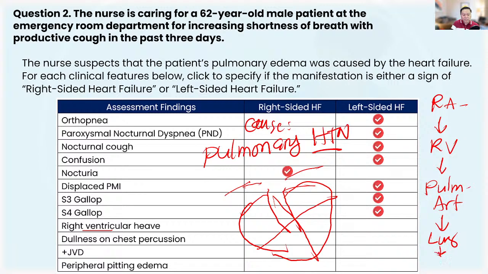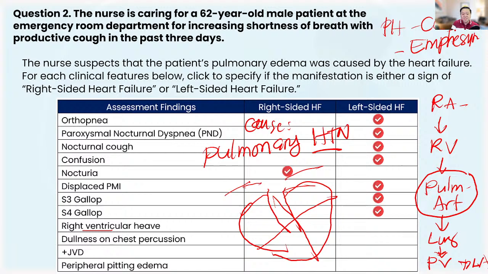It goes back to the heart via the pulmonary veins, and it will enter the left atrium. Now, the problem here is in the pulmonary artery. The pressure in there is high. And remember one of the causes of pulmonary hypertension? COPD, such as emphysema. Okay.